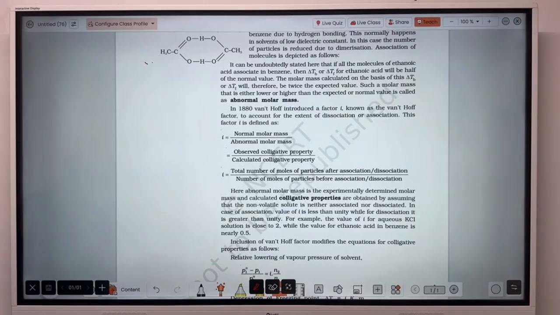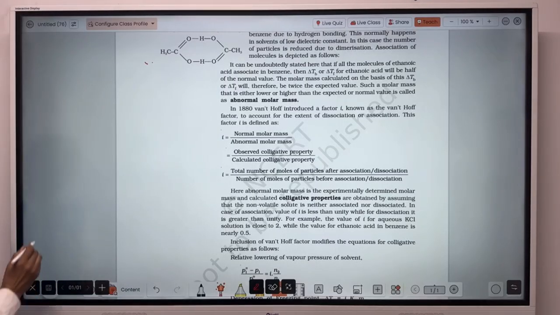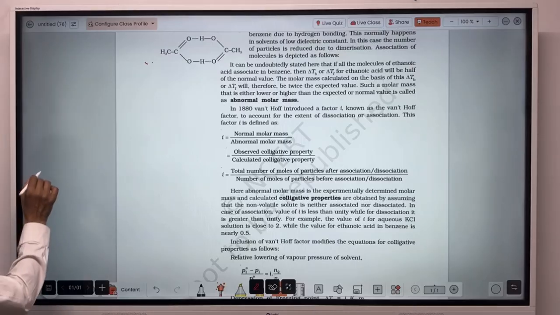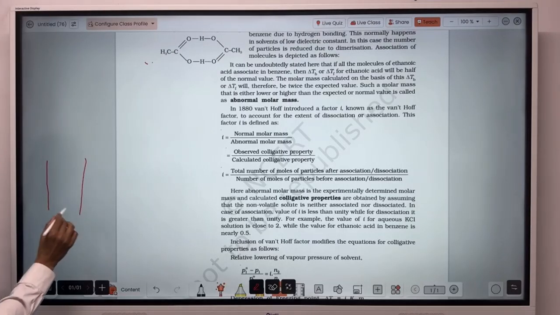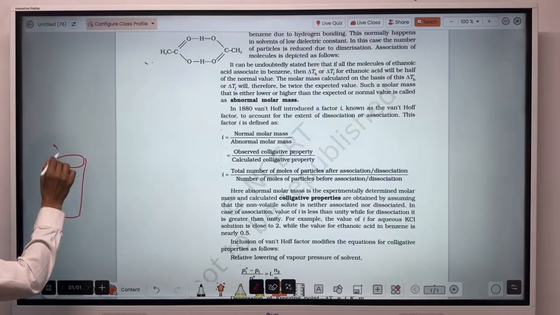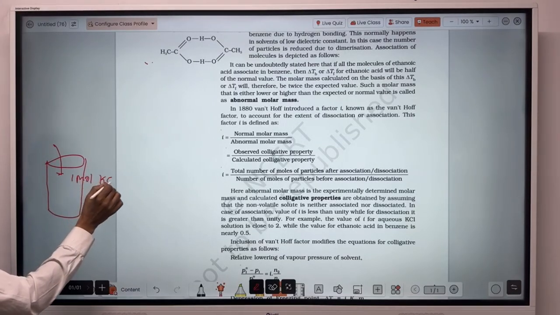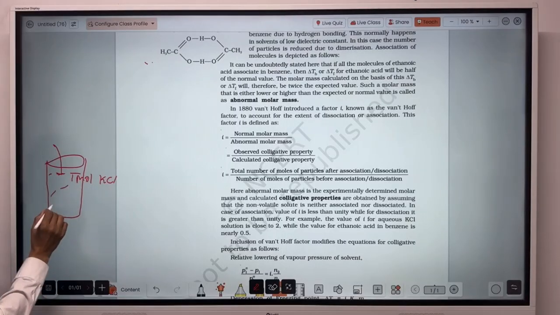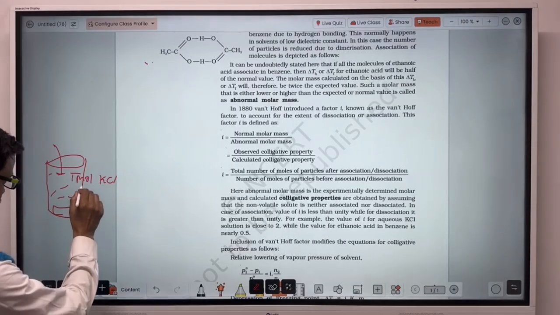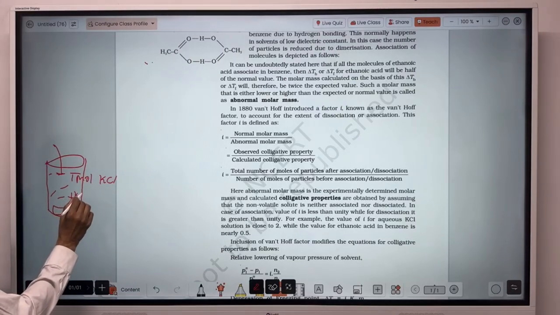Let's consider KCl. Suppose you dissolve 1 mole of KCl in 1 kg of water.